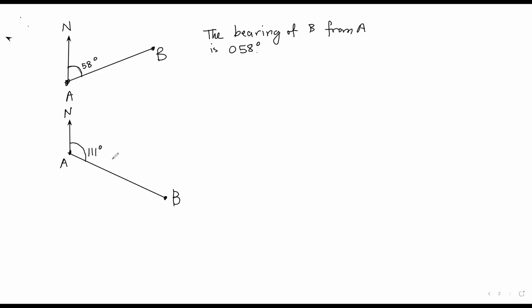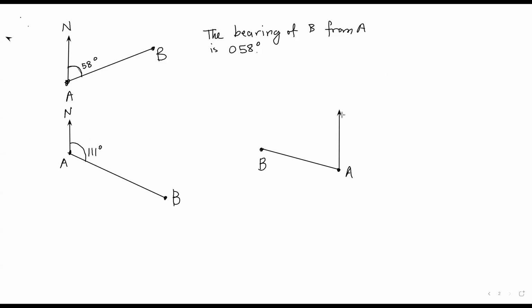All right. Now consider if I had my point A over here and my point B over here, and I still want to know the bearing of B from A. Well, let's draw our line AB, connecting A to B. And if it's the bearing of B from A, you want your north line to be at A. The north line always goes wherever your starting point is, where you're measuring the bearing from.